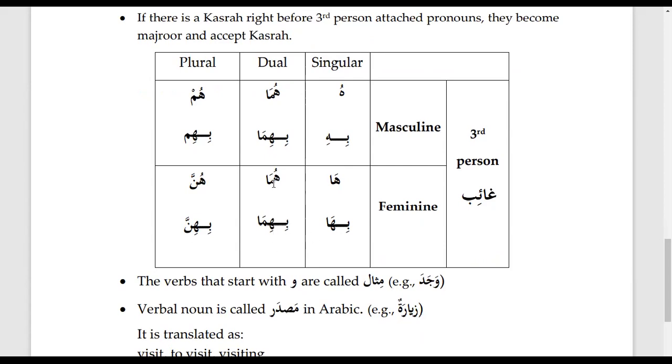Bihima, again here, hu changed into hi, and also bihinna. So only the third person attached pronouns, whenever they have kasra right before them, become majroor and accept kasra. Whereas the second person and the first person are mabni, they do not change.